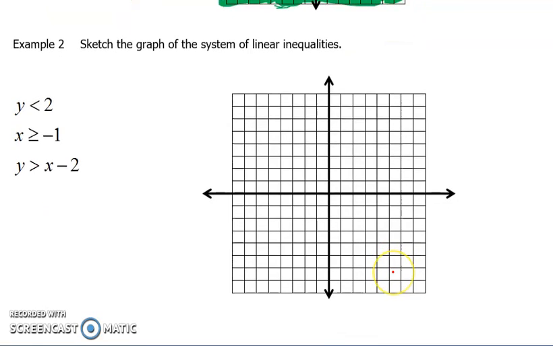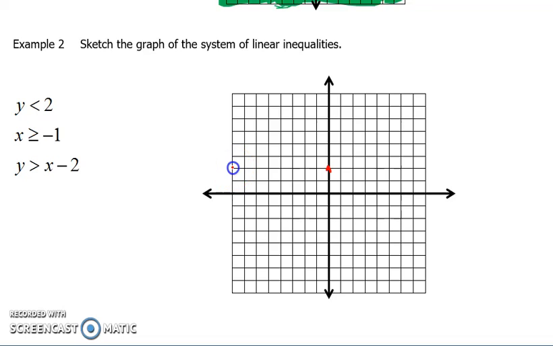Example 2, sketch the graph of the system of linear inequalities. So we're going to sketch all these three. First thing we're going to do is y is less than 2. So we're going to go 2 on the y. As we know, if we have a y, it's going to be a horizontal line.